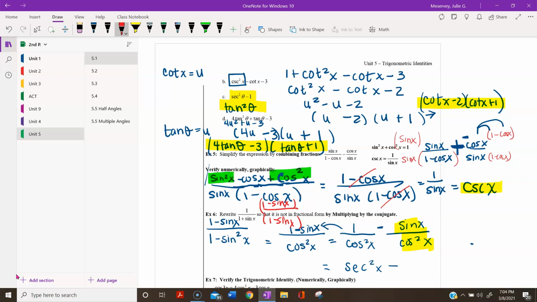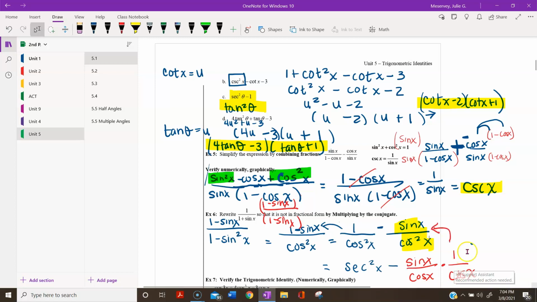Now, there's not an add or subtract sign. It's straight multiply. So you would have sine x over cosine x times 1 over cosine x. If I multiply this, I would get this fraction right here.